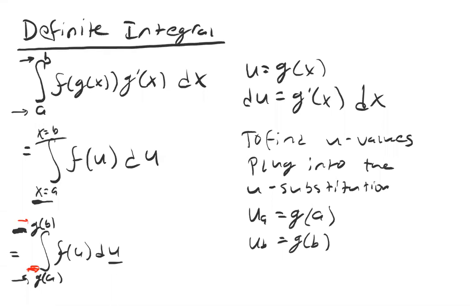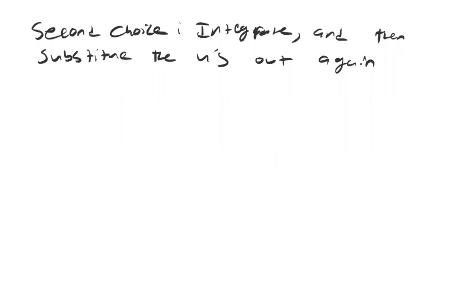But in the second choice, you can go through, integrate, substitute back in for x, and then use the bounds for x. So again, I'll do some examples, and you'll see what all I'm talking about.